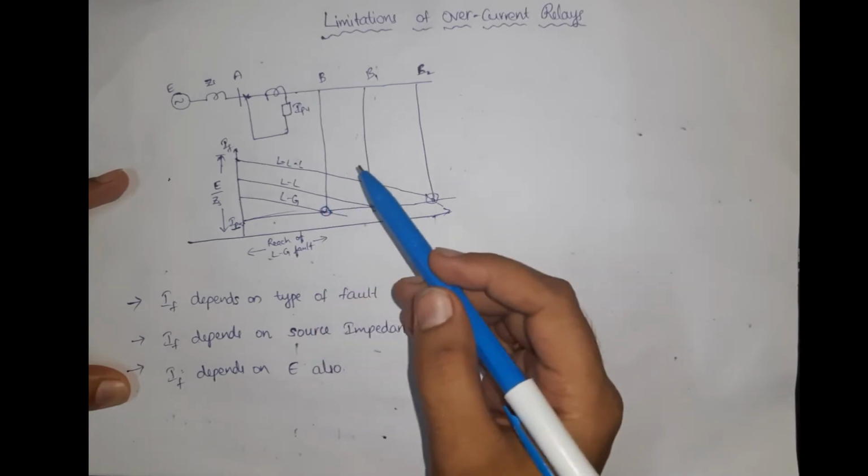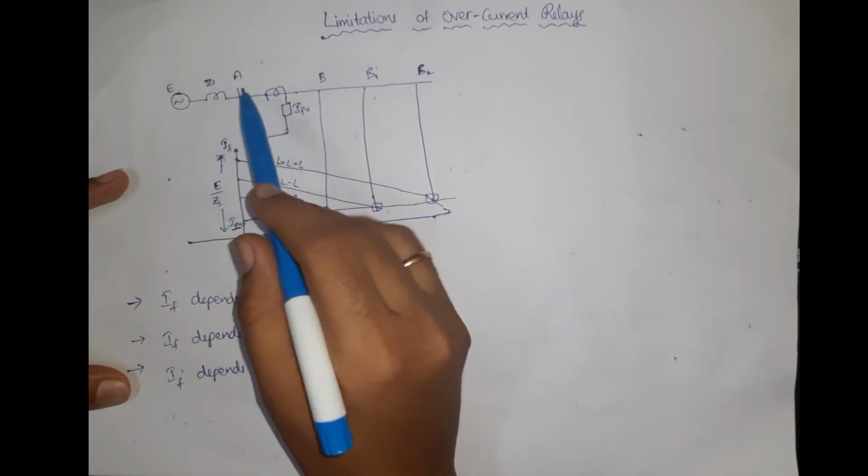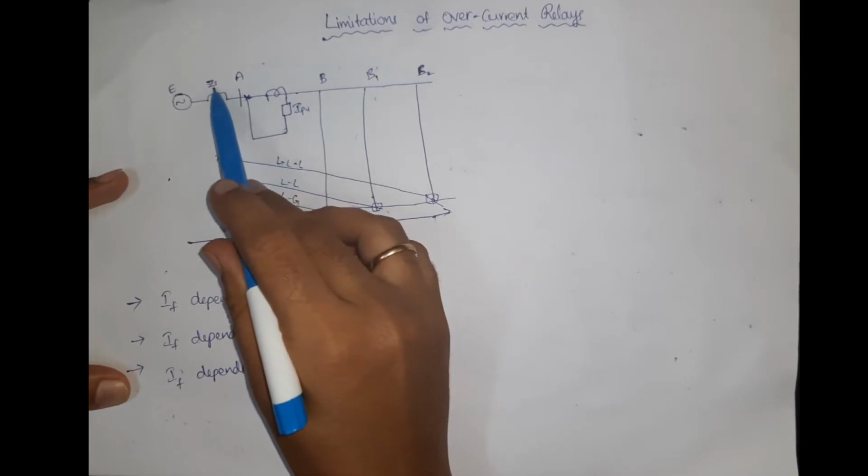Before, we considered the source impedance to be constant. Now let us consider the fault at a single place, that is at the bus bar, with variable source impedance.